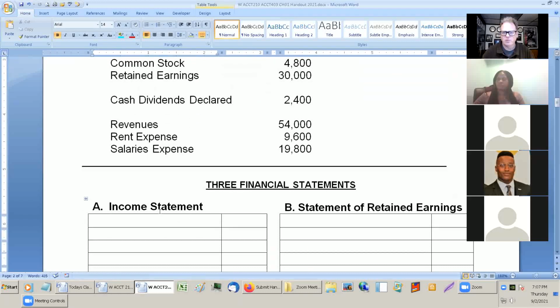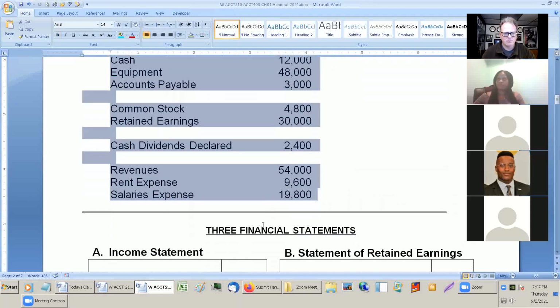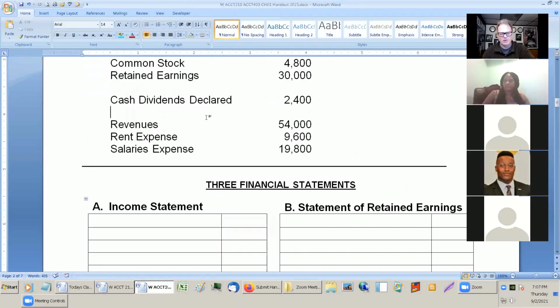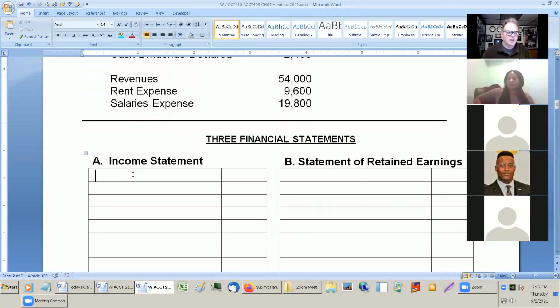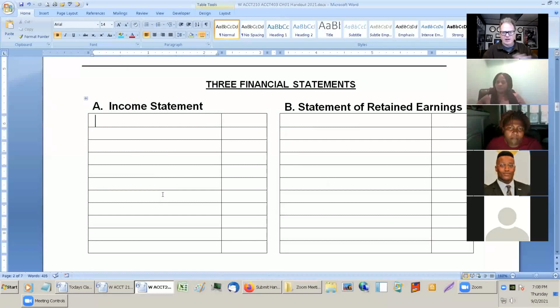Now, if you're doing this on notebook paper, you don't have to write all this down. You can just write the financial statements part only.